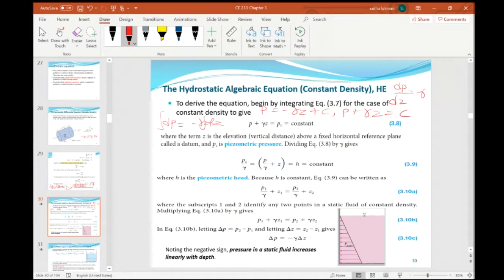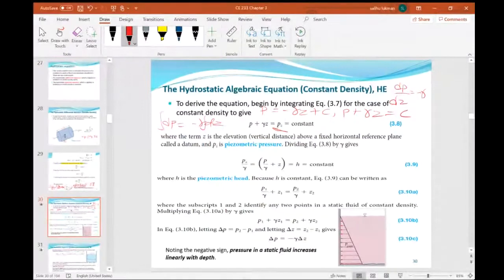We can divide throughout by another constant, the unit weight, and we will have Pz over gamma equal to P over gamma plus Z, which is equal to H, the piezometric head.